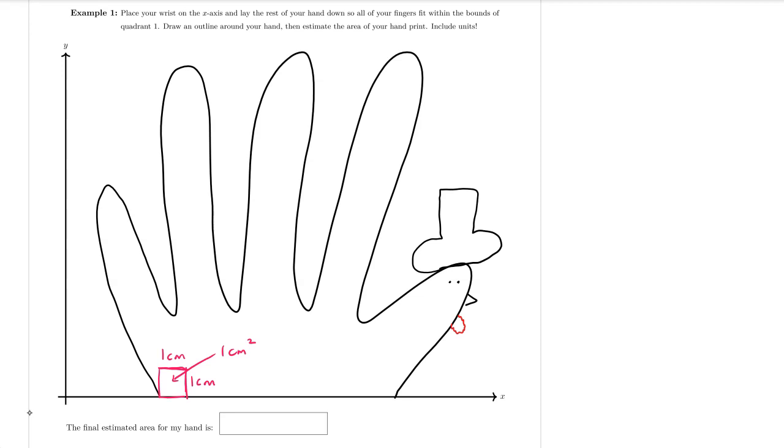So area we measure in square units. I want to estimate the area of my hand. That's going to become harder in places where I can't really put a 1 centimeter square. So just do your best to estimate it and then put your final answer in this box here.